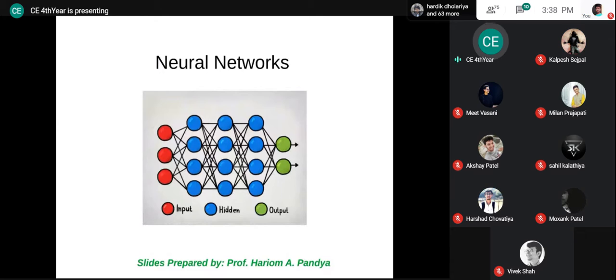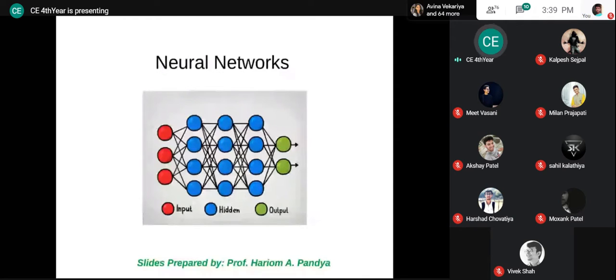Otherwise, we'll try an advanced model, that is CNN, a deep learning model to process images. We'll discuss that in the next lab. But if you want to learn about CNN, this neural network is very important. So anyhow, we have to learn this neural network in lecture as well as in the laboratory.